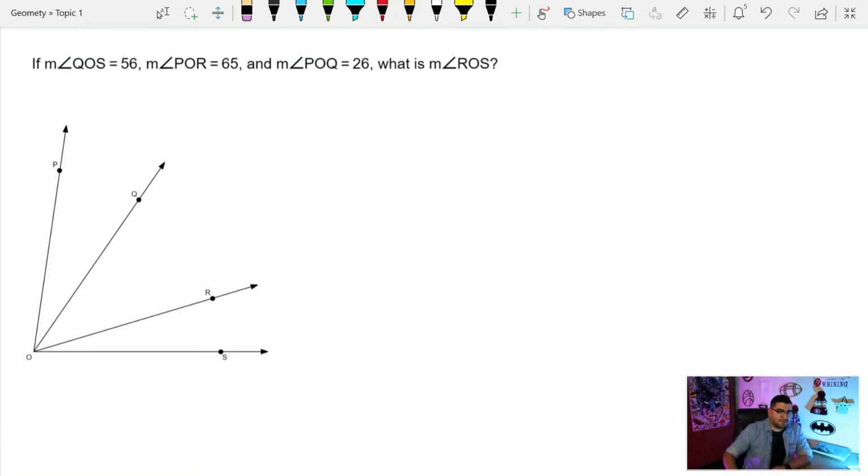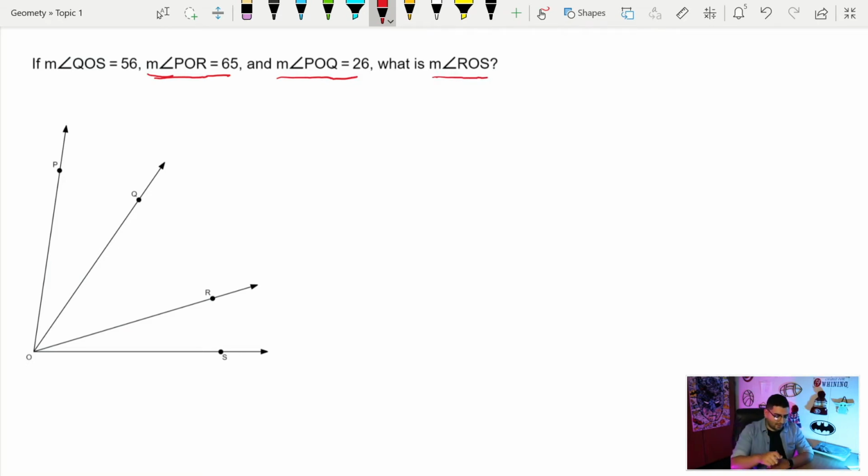In geometry, you have to really learn what the terms mean, because when you read the problem out, you have to make sure you understand what it's saying. So again, these mean the measurement of angle. So this is saying the measurement of angle POR is 65, and the measurement of angle POQ is 26. They want to know, what is the measurement of ROS?